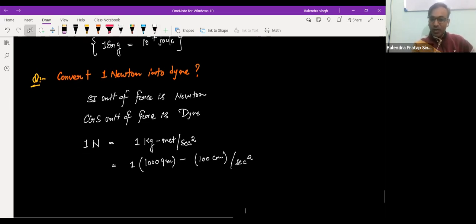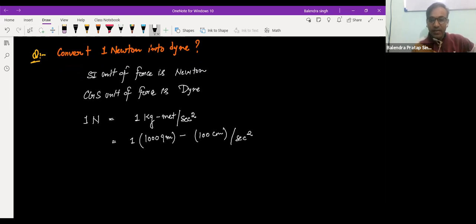So how many zeros here? 3 this side, 2 this side. So total is 5. So we can write this as 10 raised to the power 5, and this gram and this centimeter per second square.